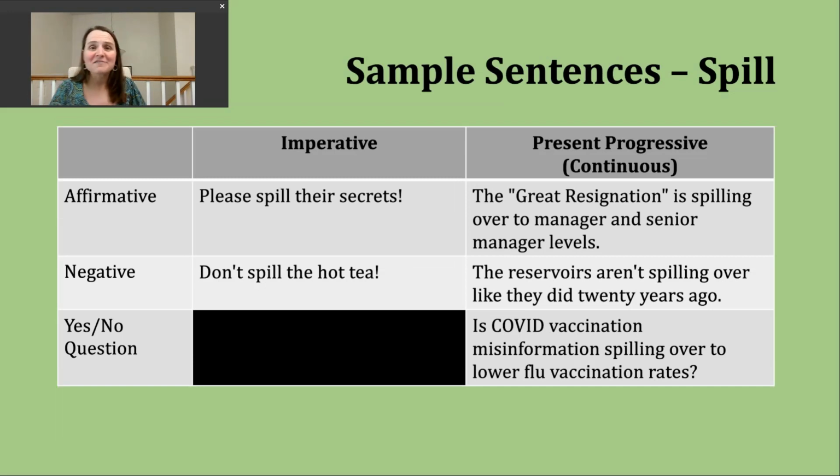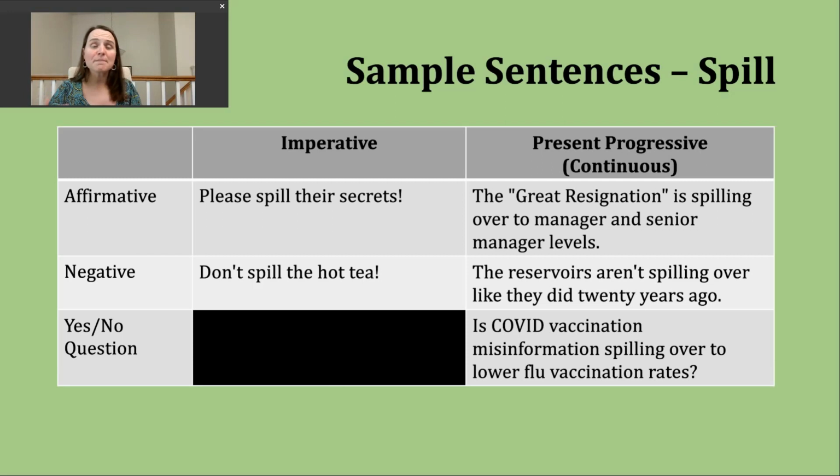Normally, our affirmative and negative sentences begin with a subject: I, you, we, he, she, etc., right? But in the imperative, there's no subject because the subject is implied. It's either you singular or you plural. Okay? So we can begin our affirmative imperative sentences with just the base verb.